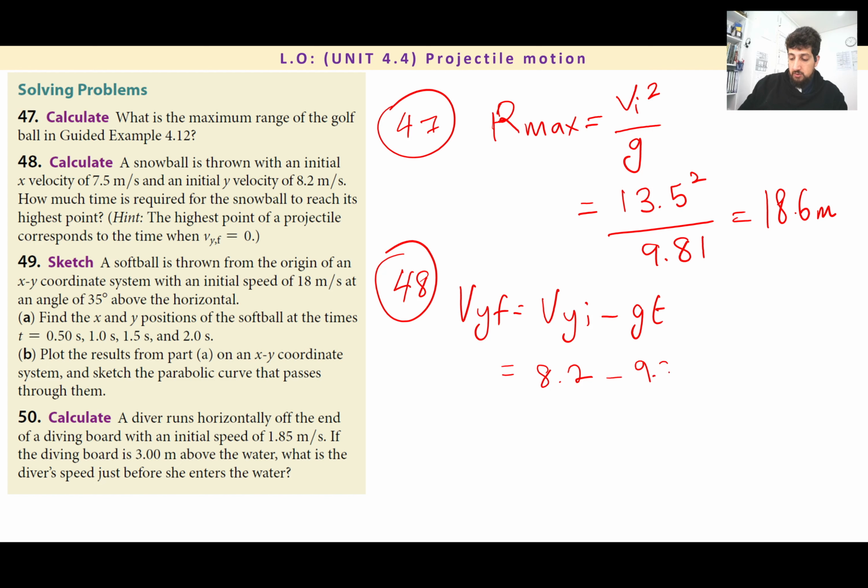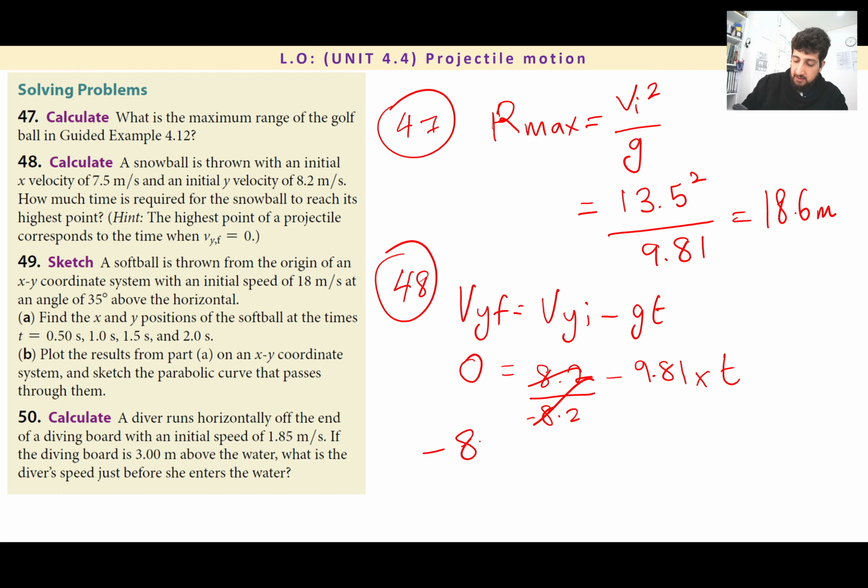minus 9.81 multiplied by t, and we know that that's going to be 0 because at the highest point it tells us that vyf is going to be 0. Let's rearrange this. I'm going to get rid of this, minus 8.2, so that gets rid of that.